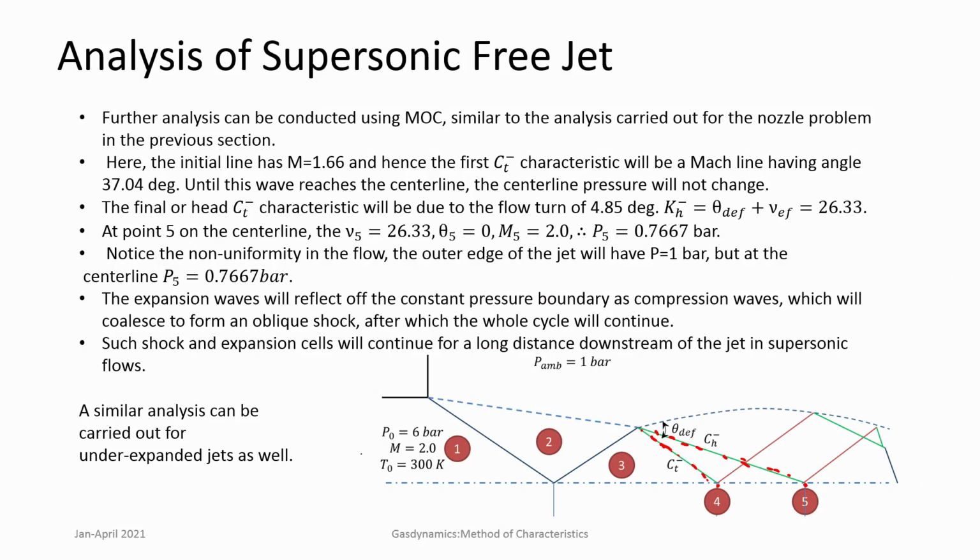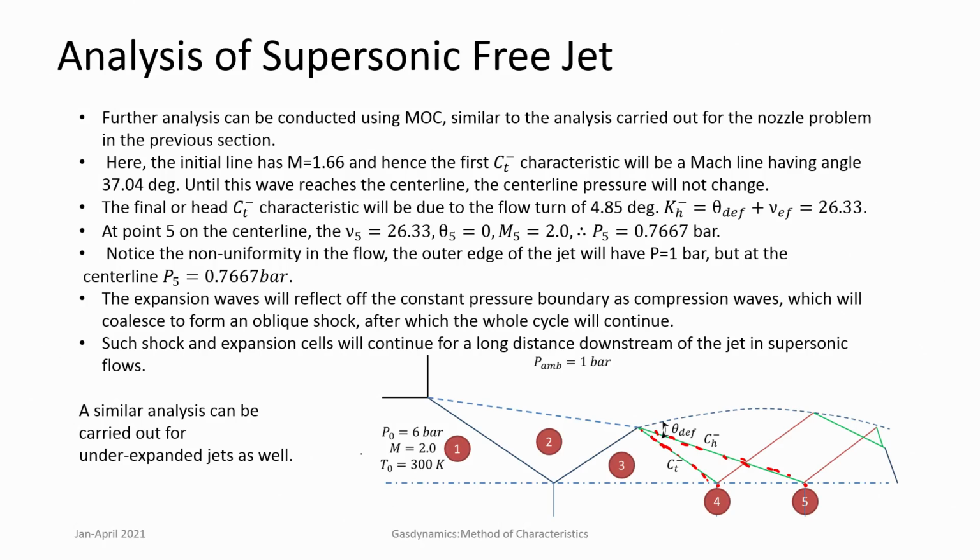In fact, if you take a picture of these supersonic jets, you find these shock cells and expansion cells, shock waves and expansion waves, and they continue for a very long duration. So this is just the initial part of it, which we have analyzed in greater detail than what we were doing using one dimensional theories.